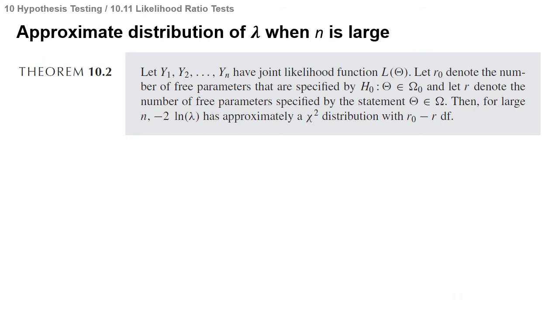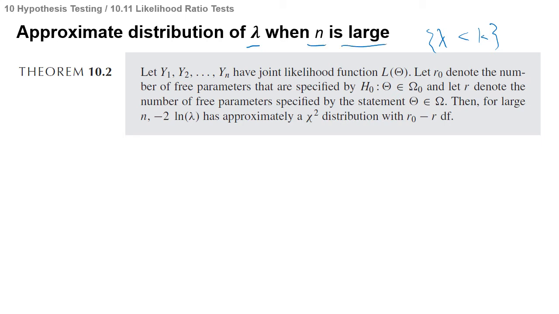Okay, so far we learned the likelihood ratio test, where the rejection region can be decided by lambda is less than k. And there is one more very useful theorem, the approximate distribution of lambda when n is large.